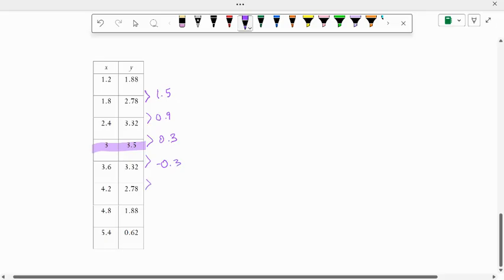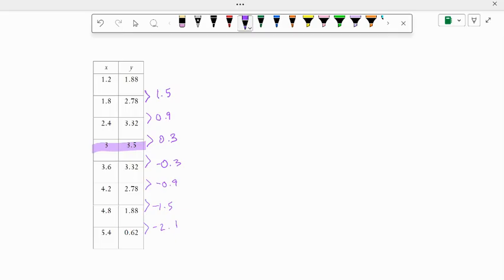So as I find these changes in my y values, I see positive 1.5 to 0.9 to 0.3 to negative 0.3. These rates of change appear to be decreasing.